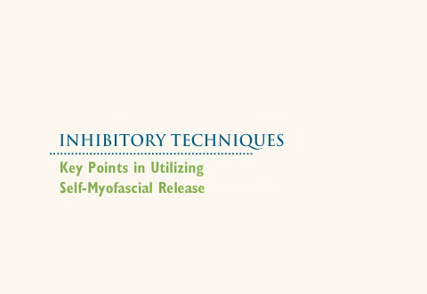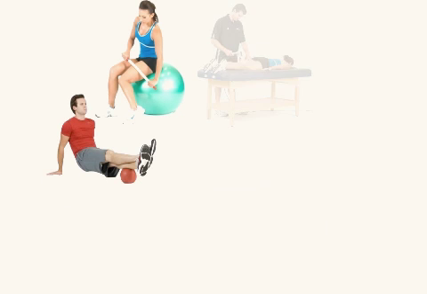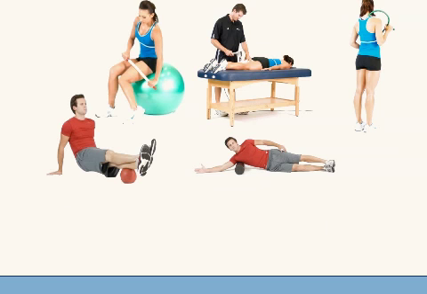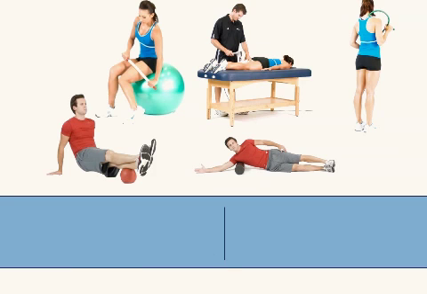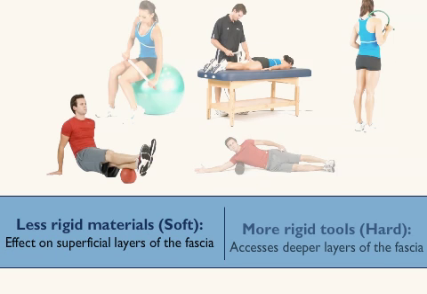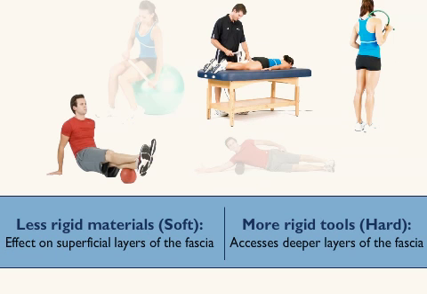Key points in utilizing self-myofascial release. There are a variety of tools to utilize in the application of self-myofascial release. Tools will have varying effects depending on their size and construction. For example, those made of softer, less rigid materials will have an effect on more superficial layers of the fascia, while tools that are harder and more rigid will increase pressure on soft tissue structures and access deeper layers of the fascia.